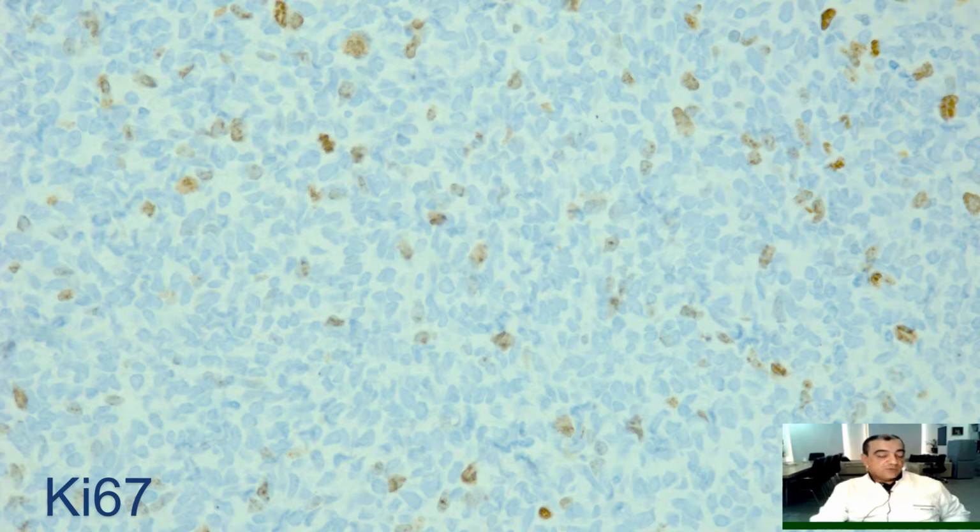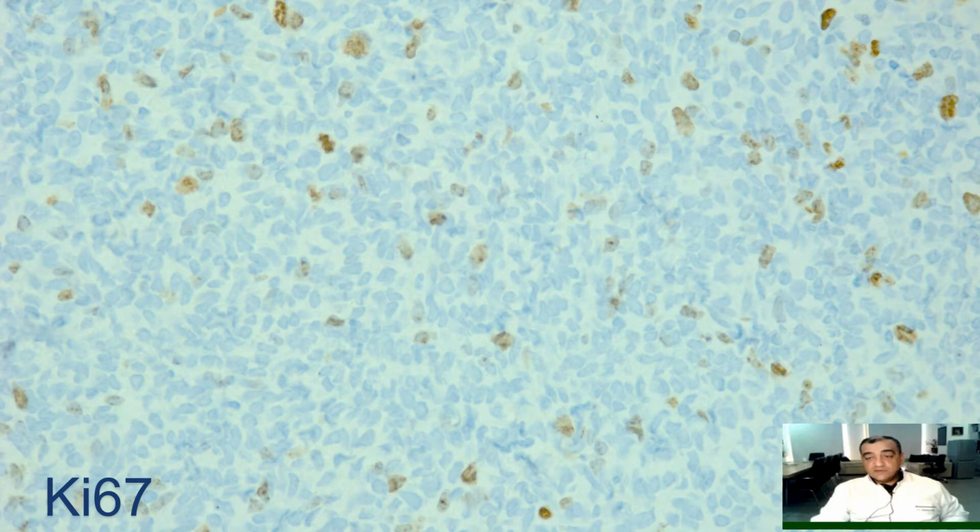Interestingly, we found that the tumors of this group of small blue round cell tumors usually are characterized by high mitotic activity. But in case of Ewing sarcoma, despite the aggressive clinical course, usually tumor cells show a very low Ki67 label.